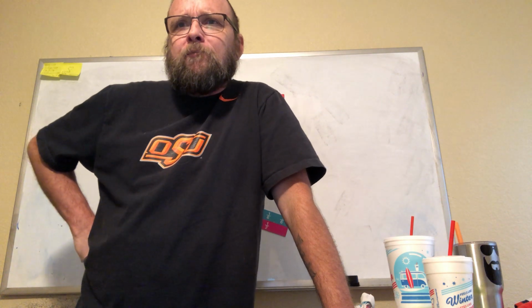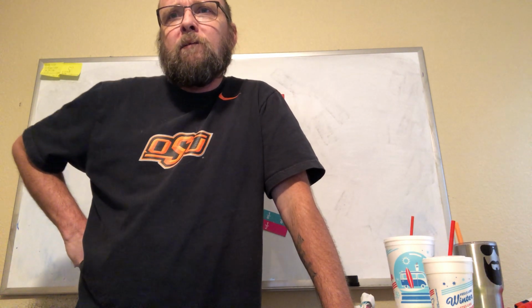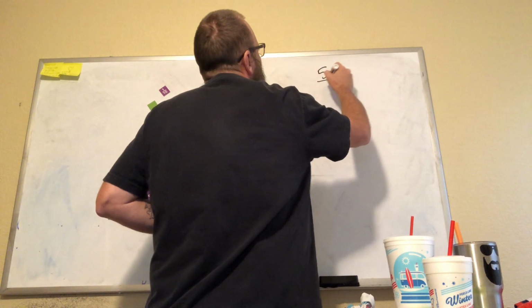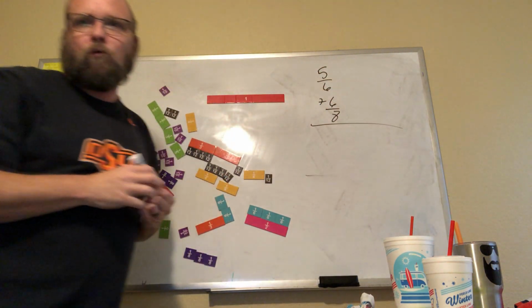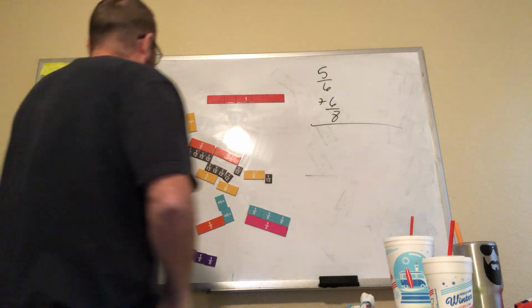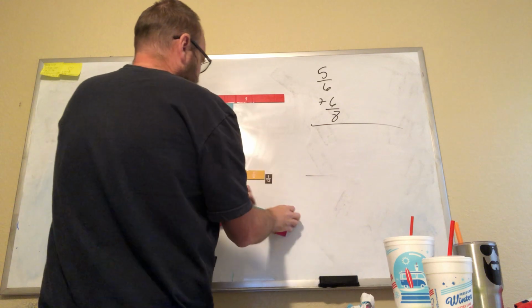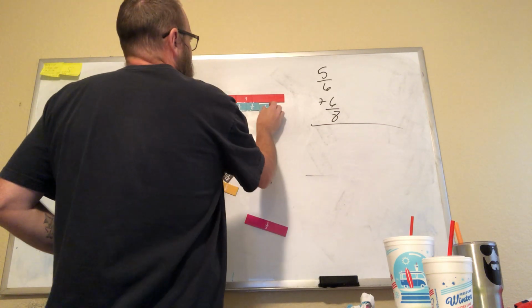It was 5/6 and 6/8. 5/6 plus 6 eighths? Wow, this is going to be way bigger than 1. Let's see. 5/6: 1, 2, 3, 4, 5, 6.